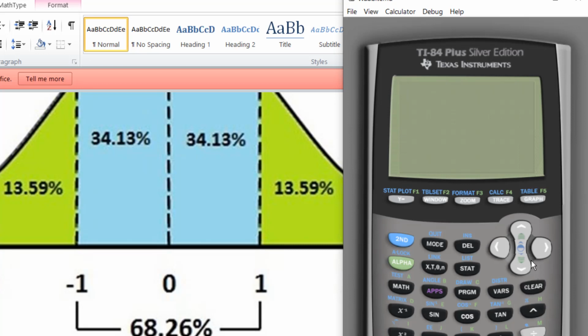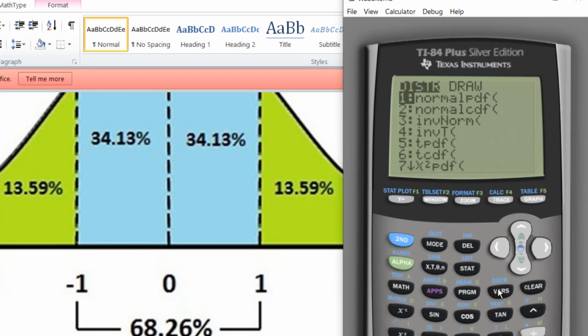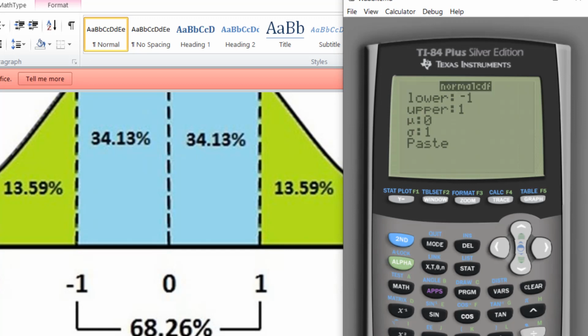Now how would I do it if I don't have the standard score in this format? Then I could again go second, distribution over here, and hit number 2. Let's say I wanted to find out what is the probability that a person scores on this IQ test between 85 and 115.